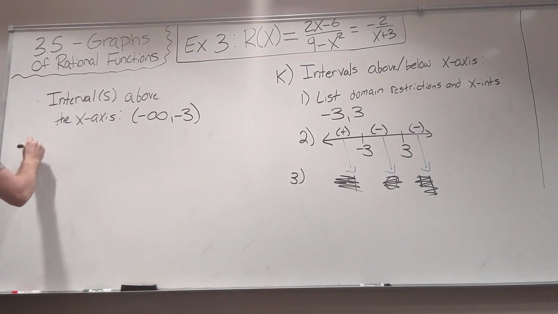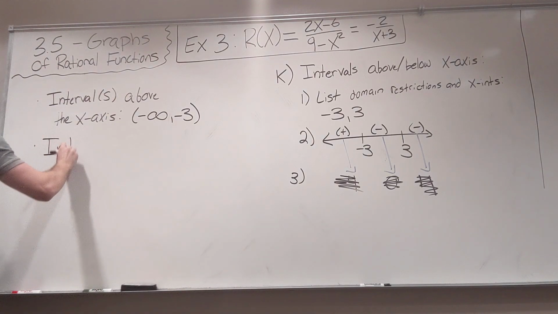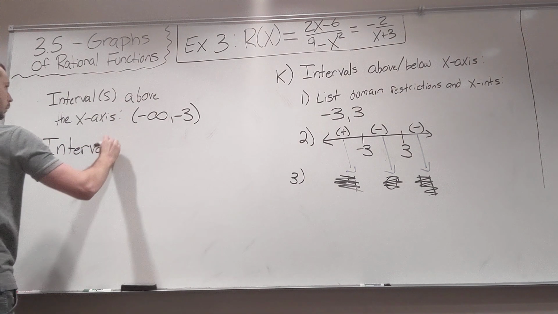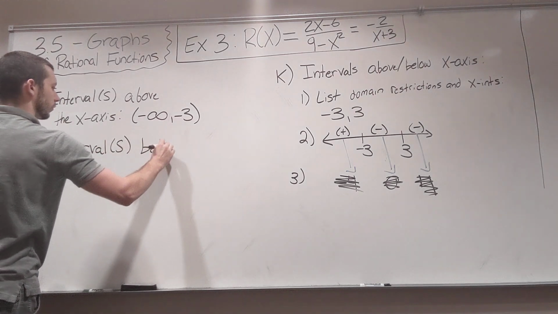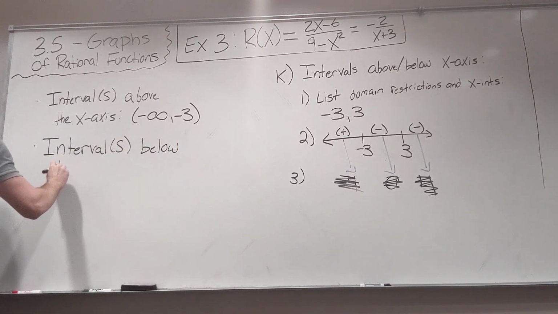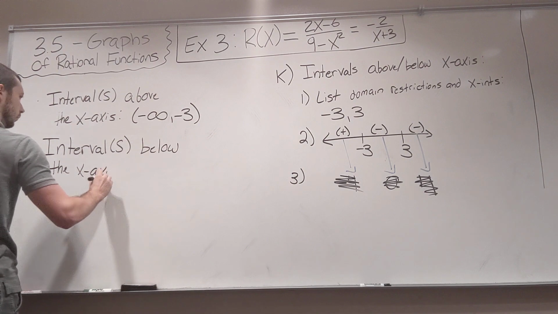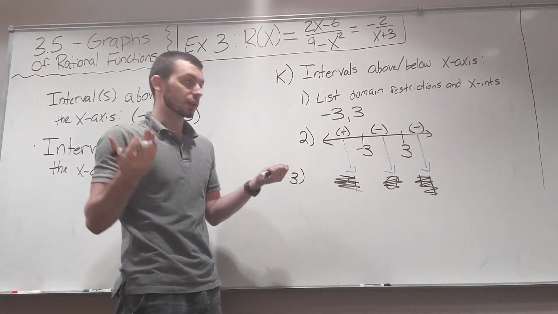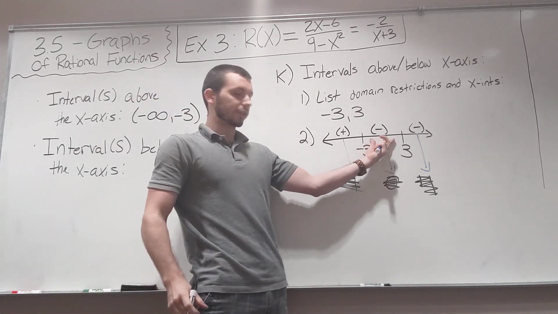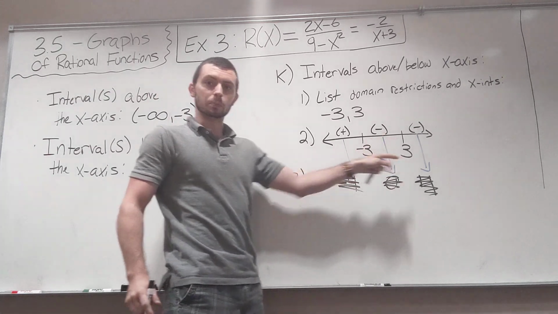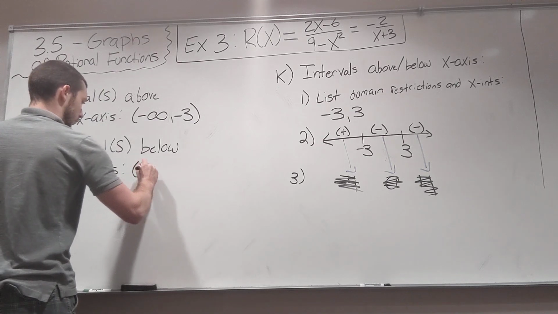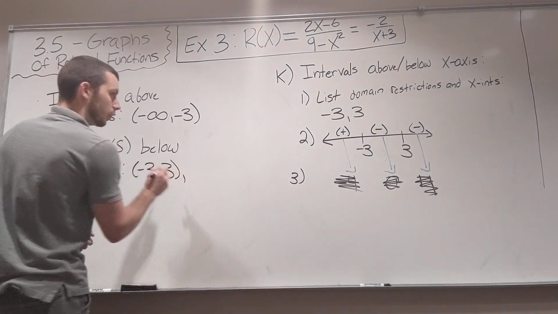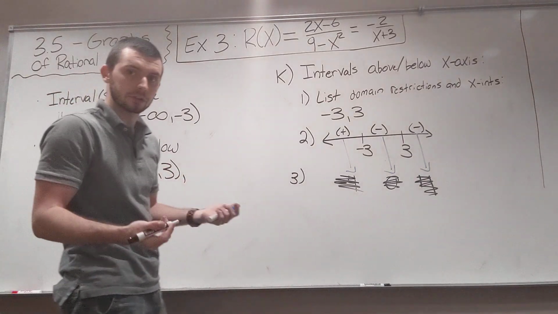And so, speaking of the next part, intervals below the x-axis, we just go ahead and notate all of the ones with the negative notation. So this segment, which is -3 to +3, and comma, because we have another segment.